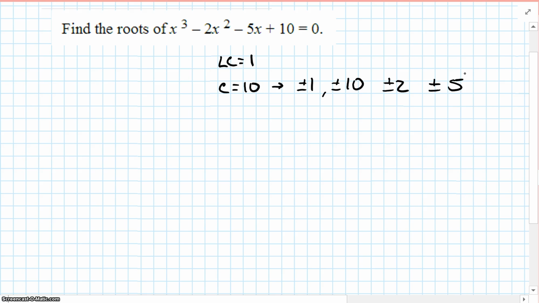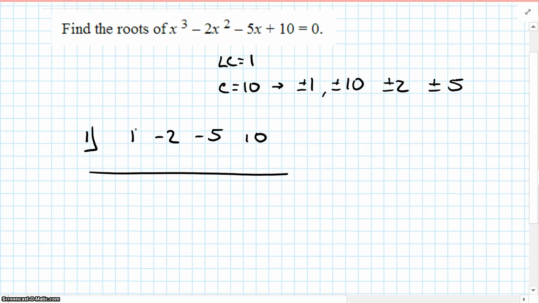So let's start with 1. The coefficients are 1, negative 2, negative 5, and 10. Drop the first coefficient, 1. 1 times 1 is 1. Negative 2 plus 1 is negative 1. So we can see right here this is not going to work. So 1's no good.